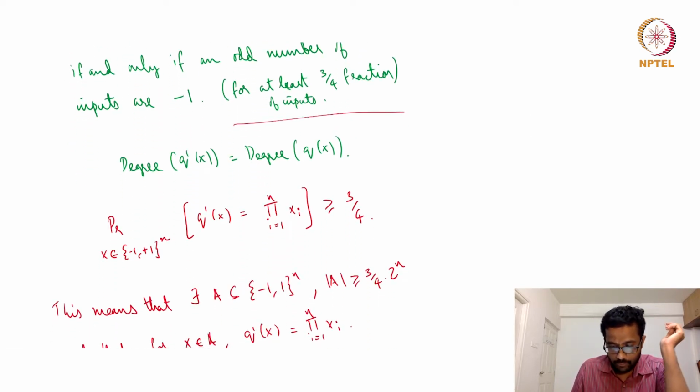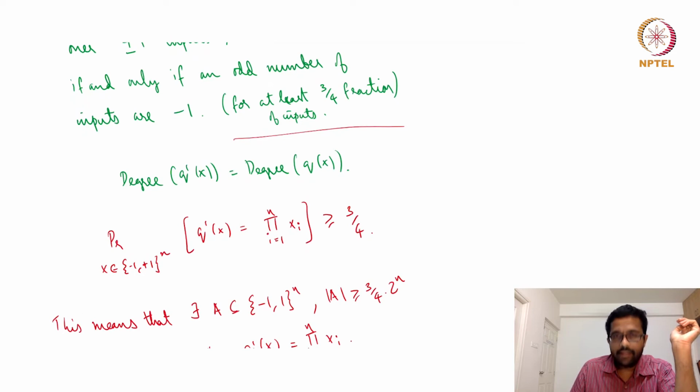So in this plus minus 1 basis, what is parity? Parity is just the product of the xi's, where the xi's come from plus minus 1. It depends on how many minus 1s there are. If there is an odd number of minus 1s, the product will be minus 1.